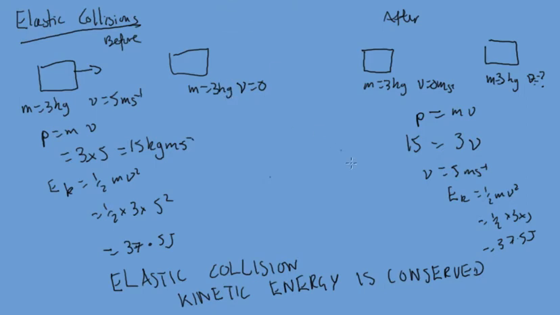So although we defined elastic collision as where kinetic energy is conserved, the reality is they don't really happen, apart from a few very specific occasions. Or maybe if you had an air track and you were colliding moving objects where you've got very little friction, you would have a near elastic collision.